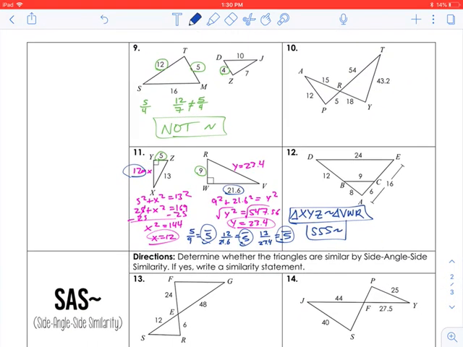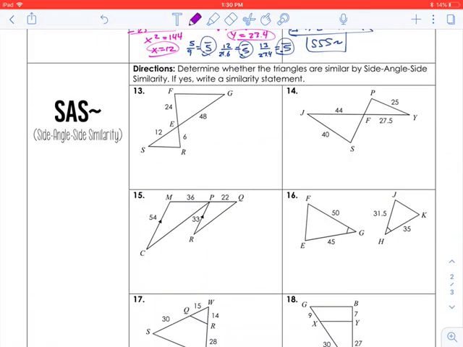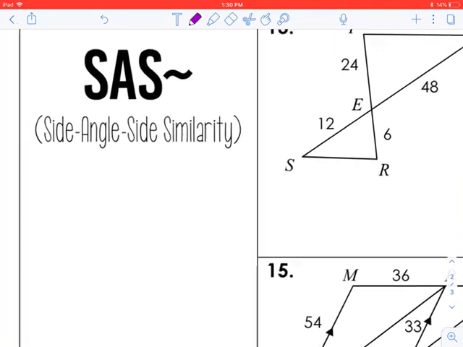Okay? All right. And so the last one we have here, the last theorem, is side angle side similarity.